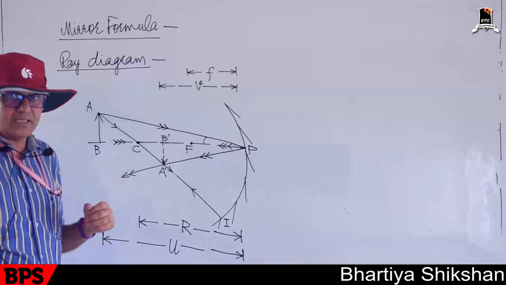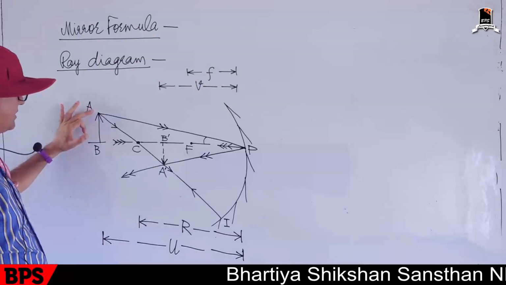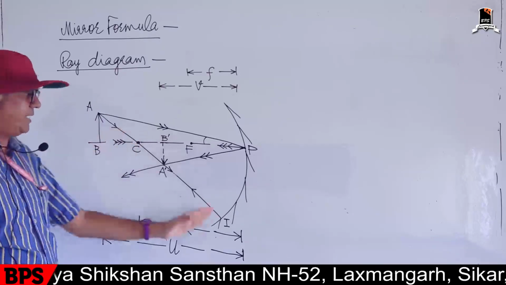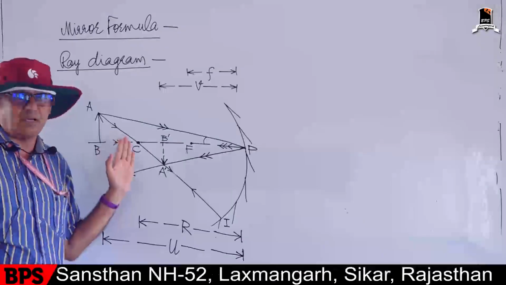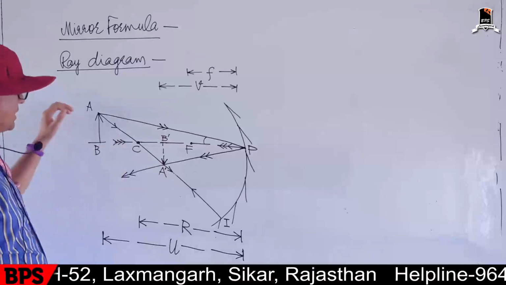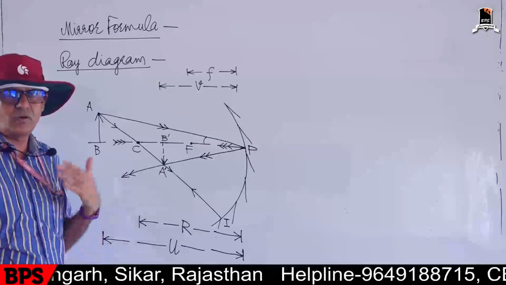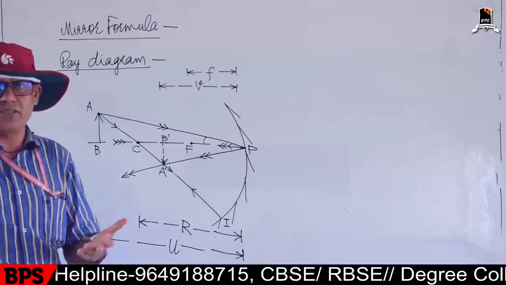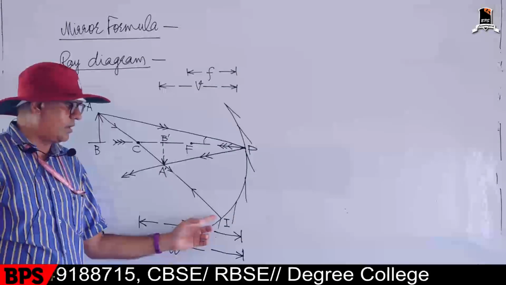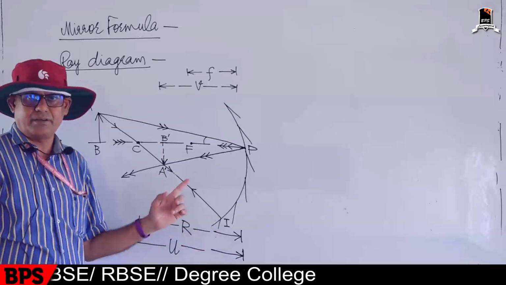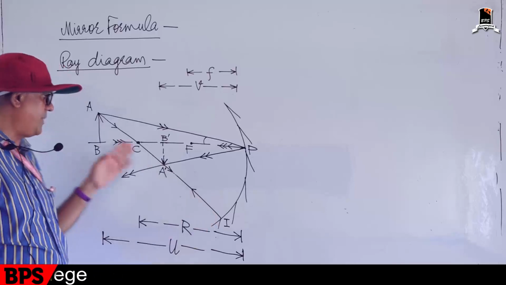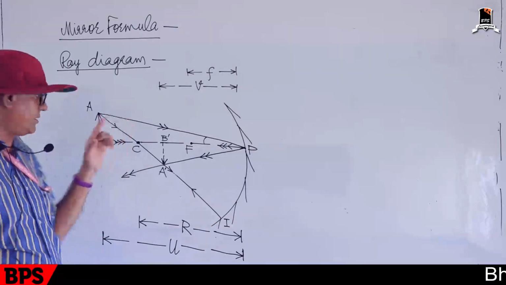We take two rays. First ray is directly incident towards the center of curvature. So it will be reflected back towards the center of curvature, because whatsoever ray is going through center of curvature of the mirror will always be incident normally on the mirror. Therefore, that ray will be reflected back in the same direction.